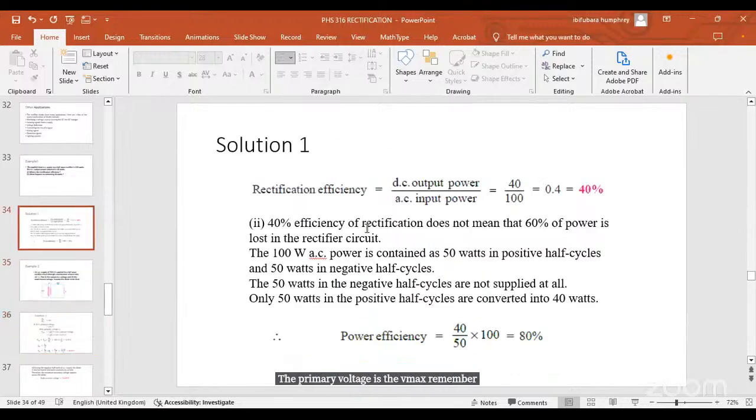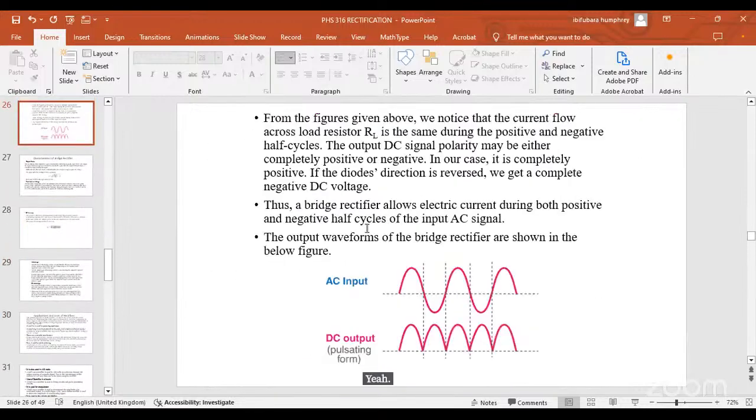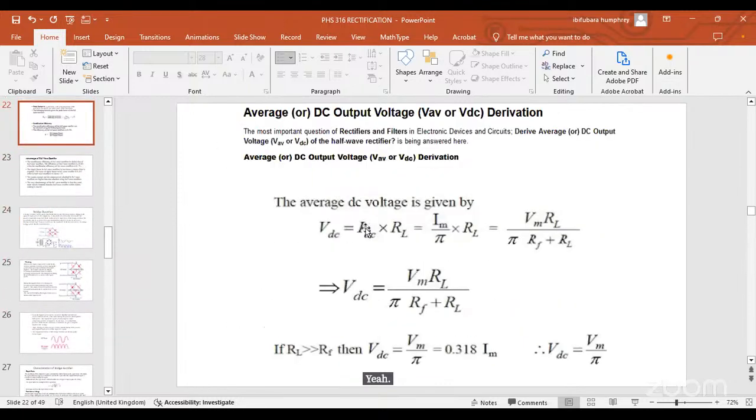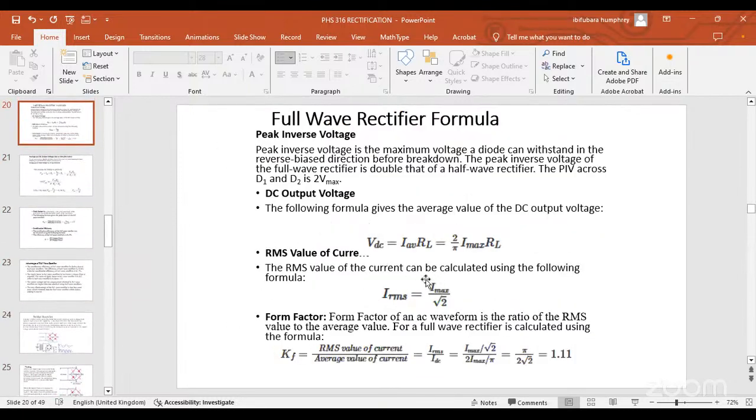Remember this formula, I said this is current, but we can also have a voltage conversion. Vrms is equal to Vmax over square root of 2.